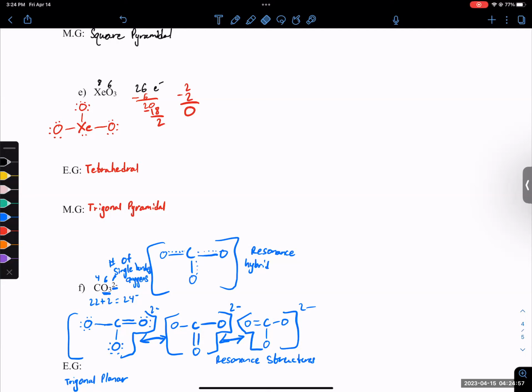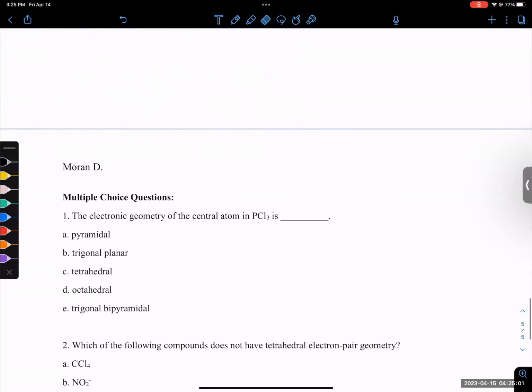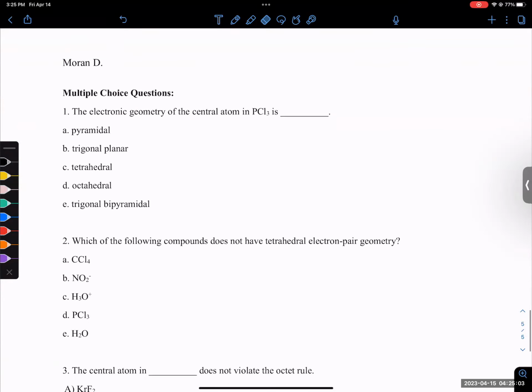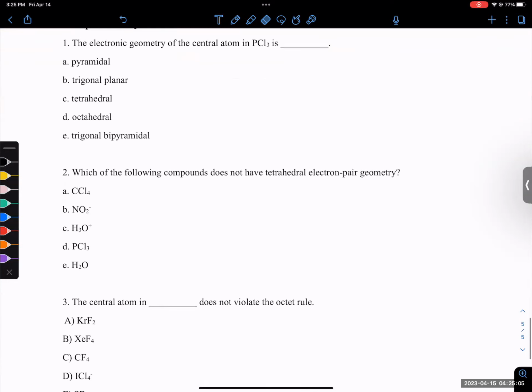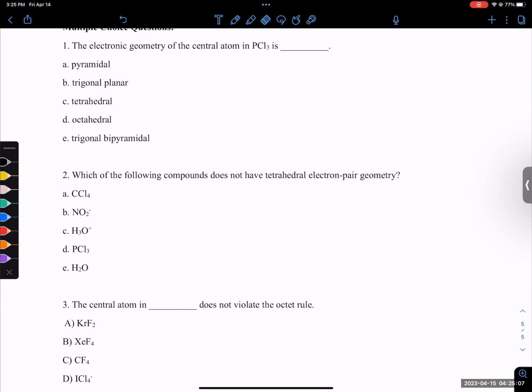I have a couple multiple choice questions below before we end. The electron geometry of the central atom in PCl3 is what? This is the type of question you would probably see on a test, maybe not the same formula, but it's gonna indirectly require you to draw out the Lewis structure and then determine the electron geometry.